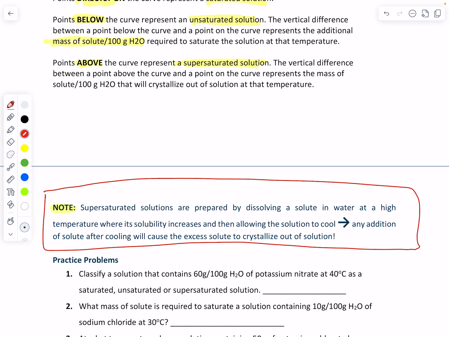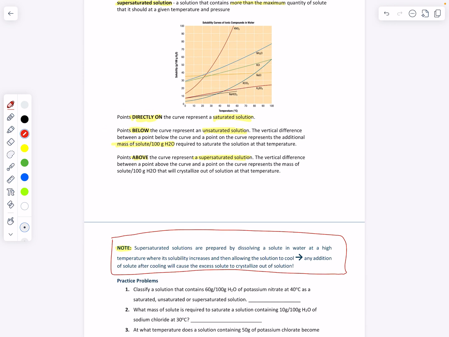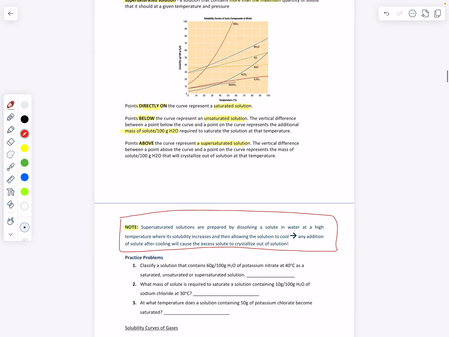Let's use the graph for solubility to answer the following questions. Question number 1. Classify a solution that contains 60 grams per 100 grams of water of potassium nitrate at 40 degrees Celsius as a saturated, unsaturated, or supersaturated solution.